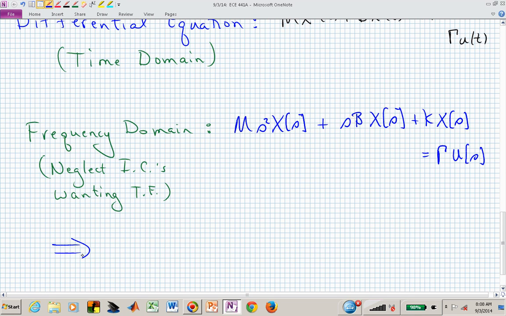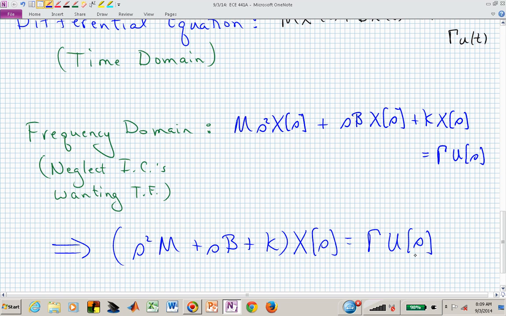From that, we can simply factor out the common factor or term on the left-hand side, which is the Laplace transform of the position, capital X of s, leaving us with s squared m plus s b plus k times X of s is equal to gamma U of s.